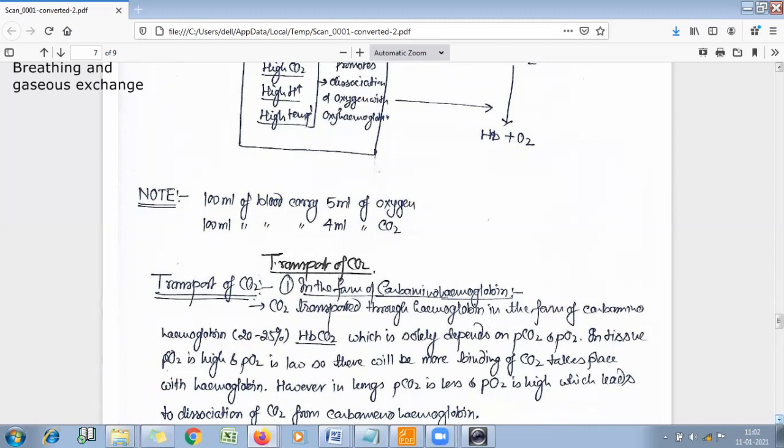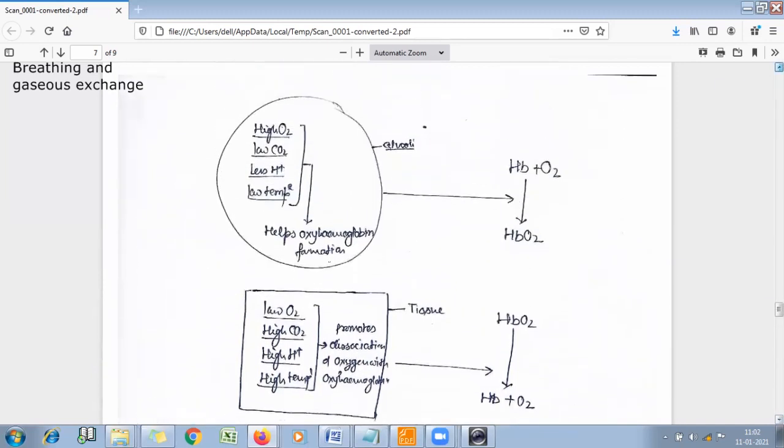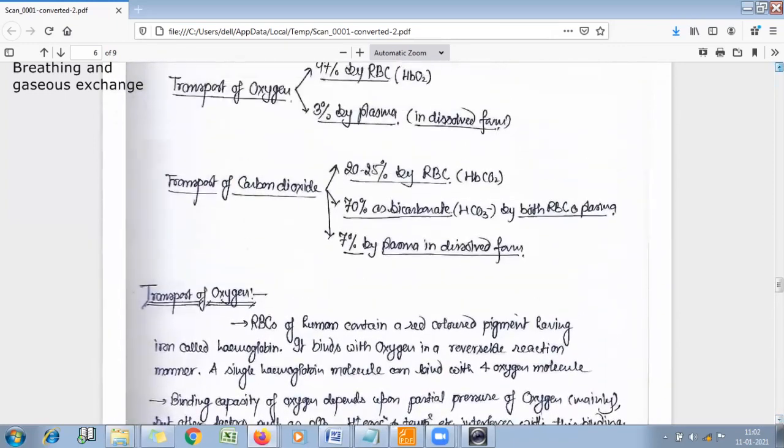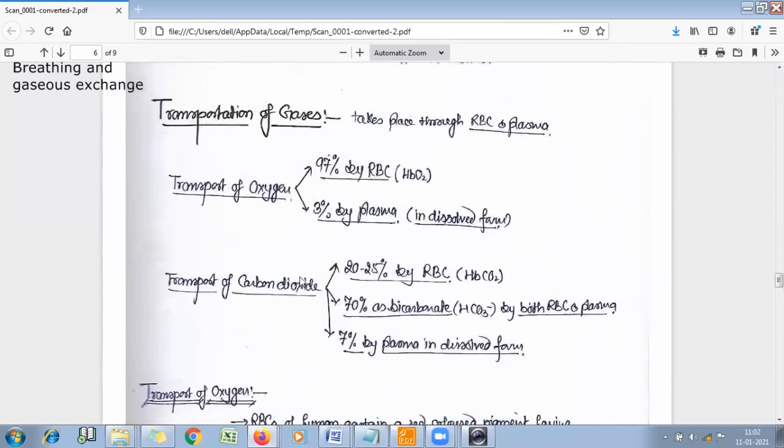As we know, carbon dioxide is transported in different conditions by different means. In our previous lecture we saw that the transportation of carbon dioxide takes place in three ways.